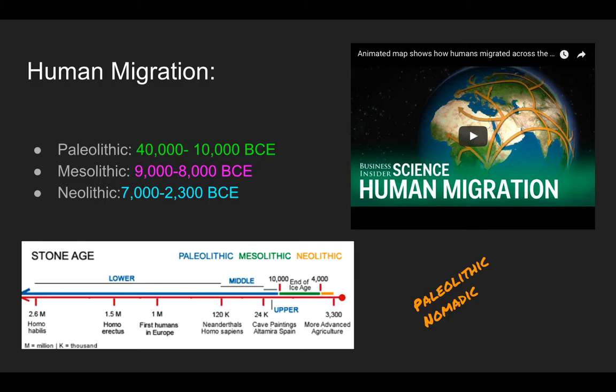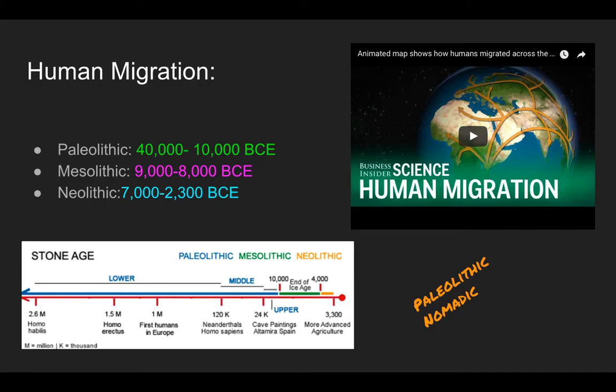The Mesolithic period is between 9,000 and 8,000 BCE, and then we've got the Neolithic, which is 7,000 to 2,300 BCE. Again, these dates will vary depending on who or what resources you look at. But key thing, Paleolithic, Mesolithic or Middle Stone Age, Neolithic or New Stone Age.